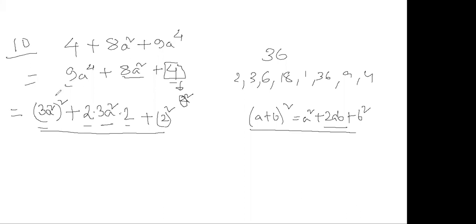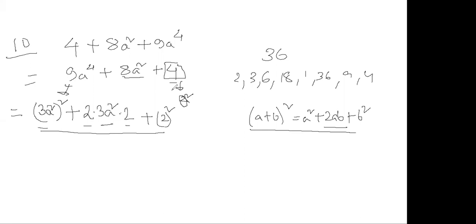I could convert 9a to the power 4 into 3a square whole square. Next, I'm trying to convert this whole thing into a formula. So a square plus 2ab, where a is 3a square, right?